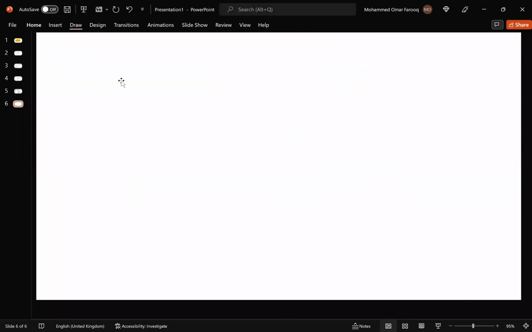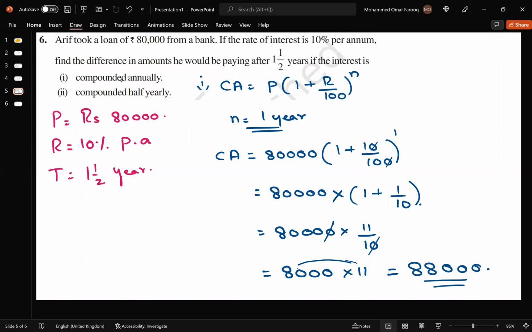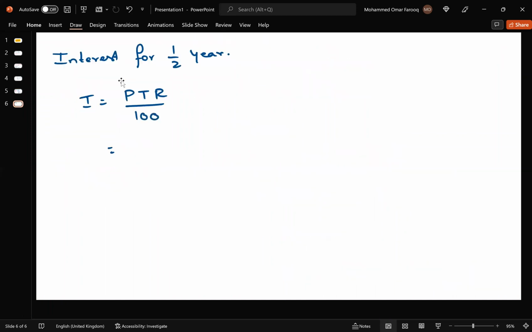So let us find out for the half year. In order to find out for the half year, let us find the interest using the simple interest formula. Interest is equal to PTR divided by 100. P is the principal, which we have to take as 88,000, not 80,000, because we are finding compound interest.